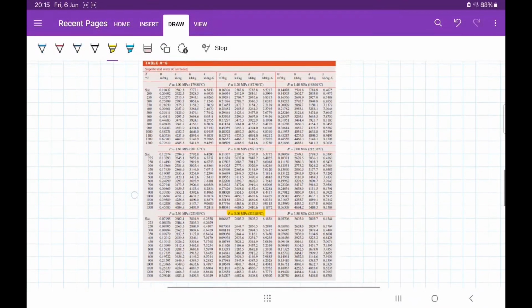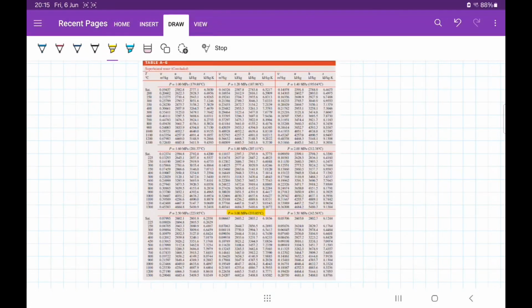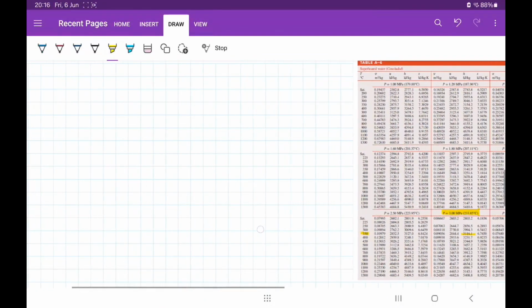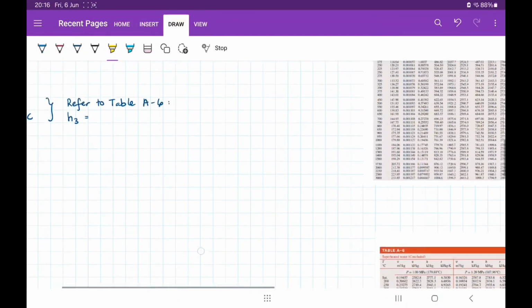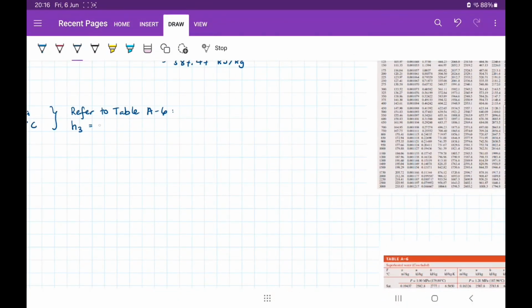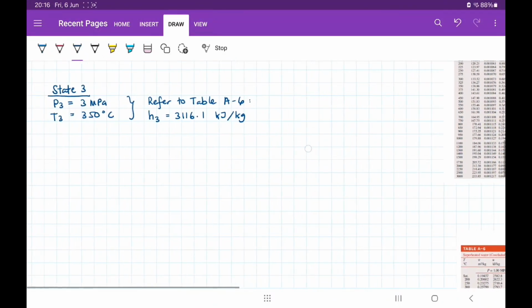So enthalpy would be the third column here, at 350 degrees Celsius. So that would be this value, 3116.1 kilojoule per kilogram. So that would be my enthalpy. Okay, so I have my enthalpy.